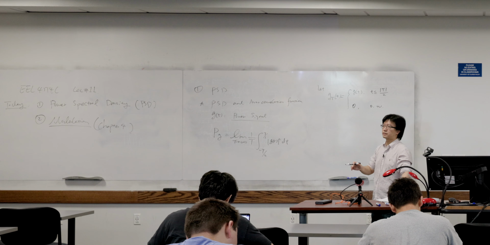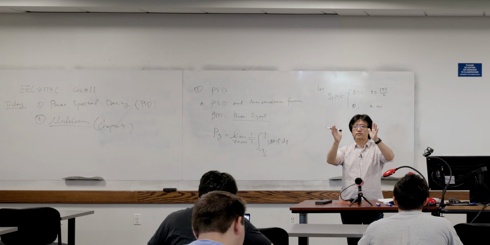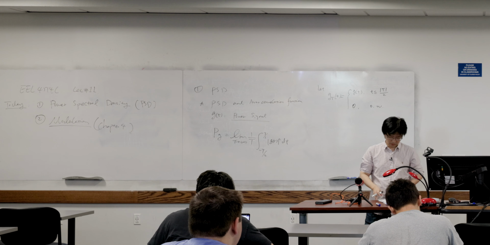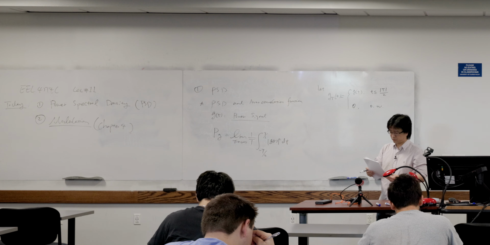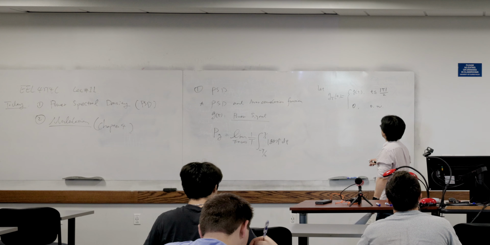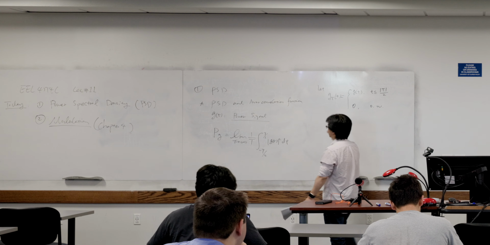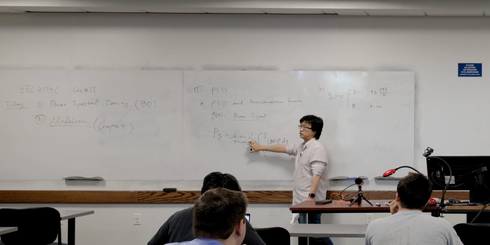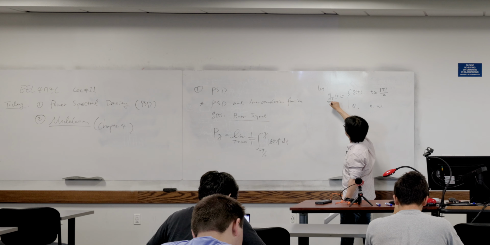We just pick the middle part of g of t, and that is defined as g capital T. Given this, we can rewrite the definition of P_g in terms of this function.